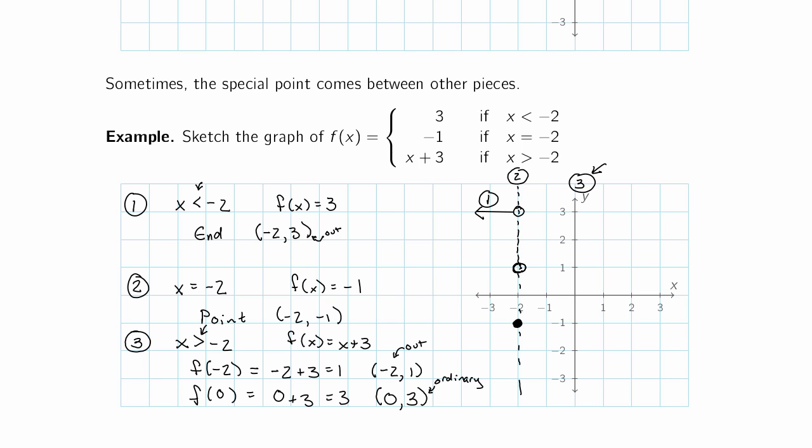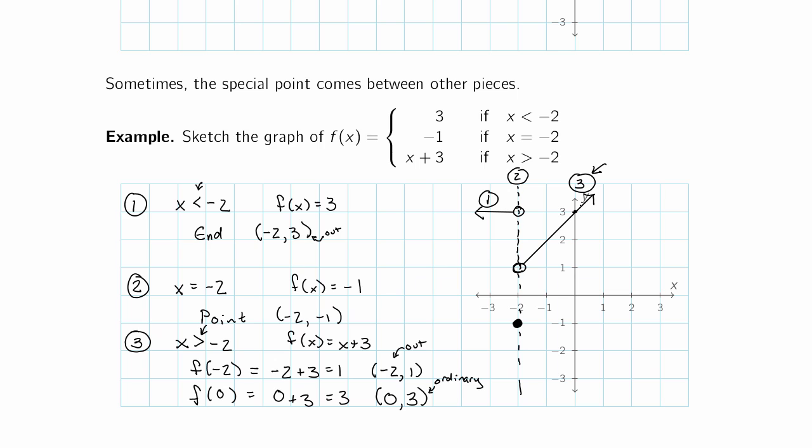Notice I have 2 empty dots and a filled in dot all lined up on this vertical line. Only the filled in dot is actually a point on this graph, so this passes the vertical line test. And then I have another point at 0, 3, and I'll draw the line through those 2 points, and that's the rest of my graph.